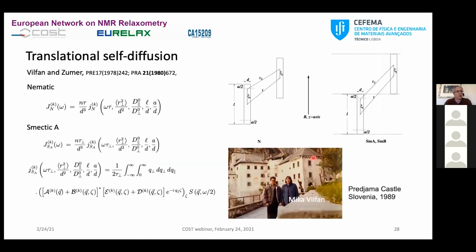But when we go to these mesophases and we are no longer in the isotropic phase, we have to account for the alignment of the molecules and the influence on the diffusion process, and the fact that the molecules might share only a common alignment, or they might have to move from one layer to the other, without being possible to be at an intermediate position between two adjacent layers.